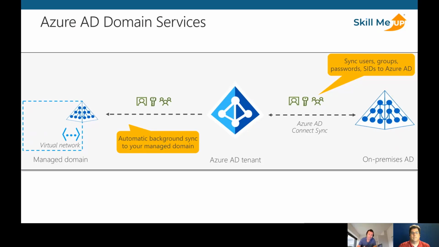Next to that, it can be integrated with Azure AD, which itself then can synchronize with an on-premises ADDS environment. Just keep in mind that it can only give you a single managed domain per Azure Active Directory.